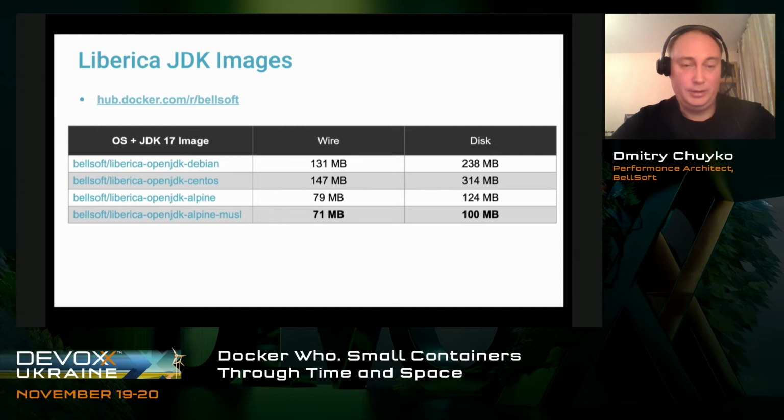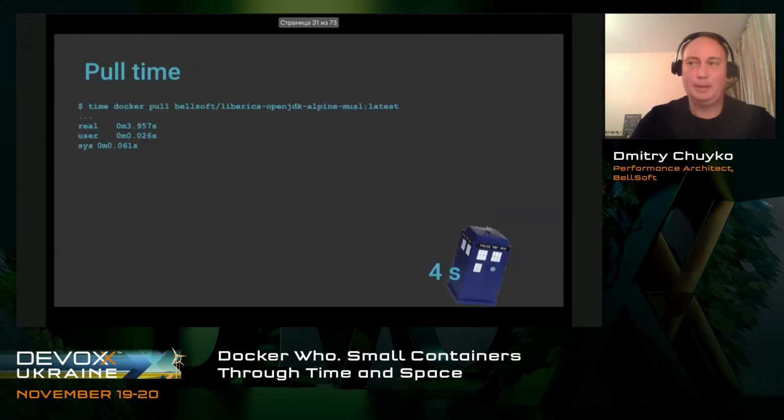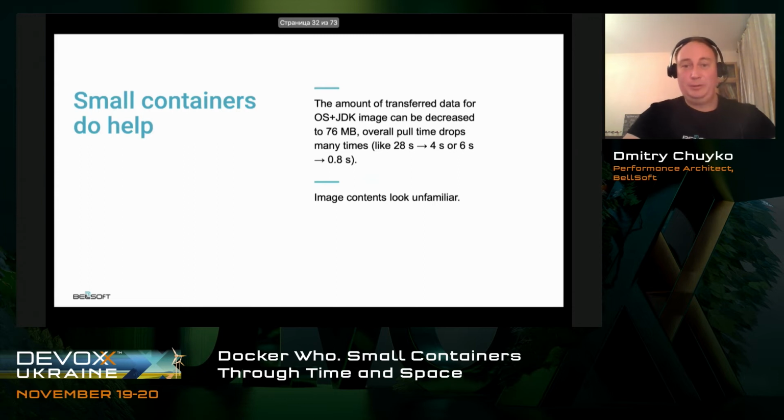And it's used in all images listed here, and they are all small, you see. Then you pull that image. It will be fast as a blaze or as a TARDIS. It will take only 4 seconds on the same network. And it's an interactive action. So small containers really help here.